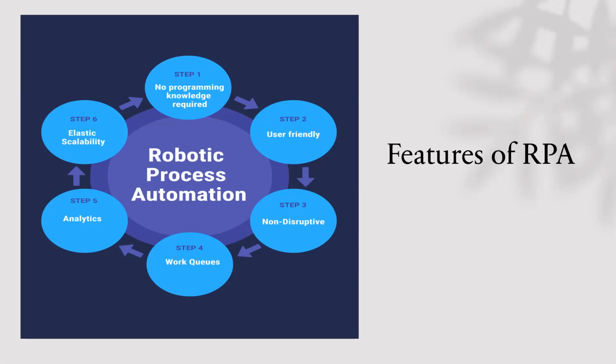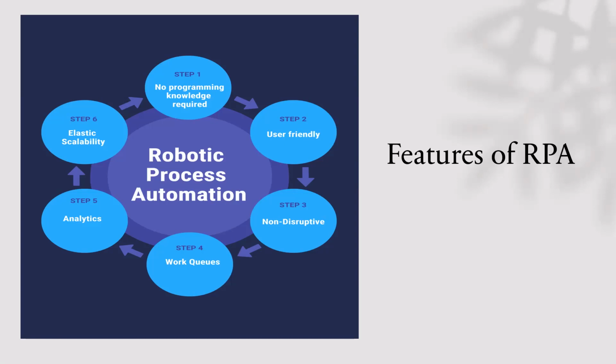And then work queues: RPA technology can be used to process a minimal amount of workload to a very huge amount of data. So it can work on a very large amount of data. So it is about work queues. Then analytics, we can use RPA for analysis purpose.